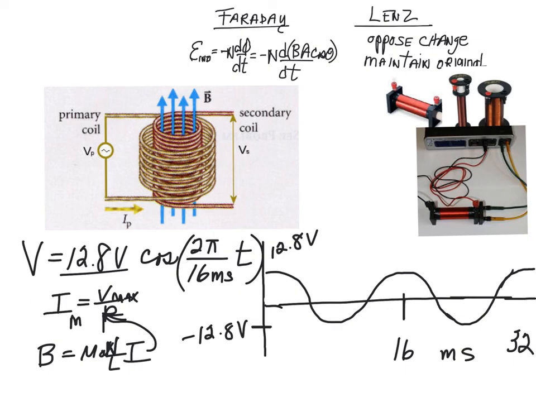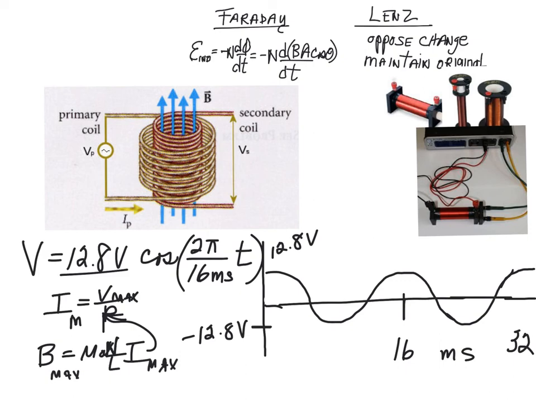Only when you graph the magnetic field, these maximum values are going to be different. So this is how you'll get B max, will be this times I max. But keep in mind, it's all varying over time, oscillating over time as a cosine function.